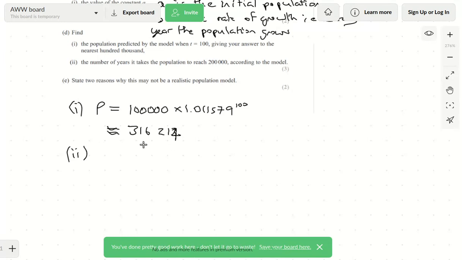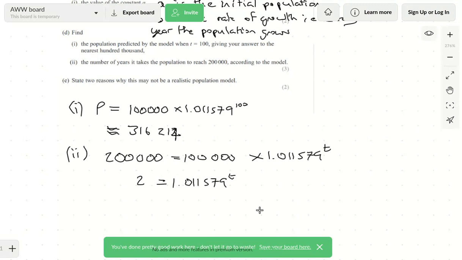Okay, the number of years it takes for the population to reach 200,000 according to the model. So this is just the other way round kind of thing. 200,000 equals 100,000 times by 1.011579 to the power of t, and we're finding t this time. Now, how do we solve an equation like this where we're looking for a power?